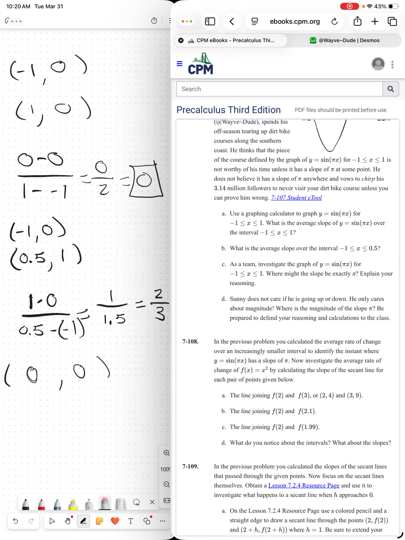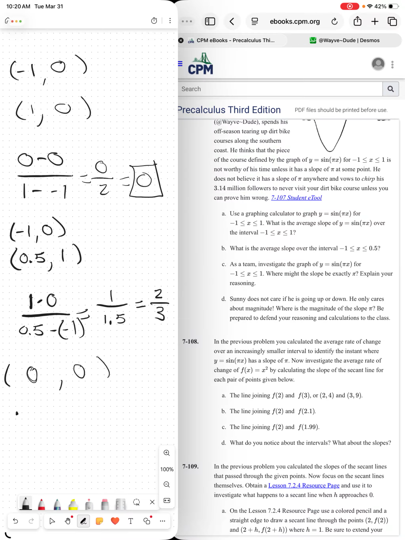We should be able to do 0 and then 0.001. If we plug that in, 0 times pi is 0, and the sine of 0 is 0.